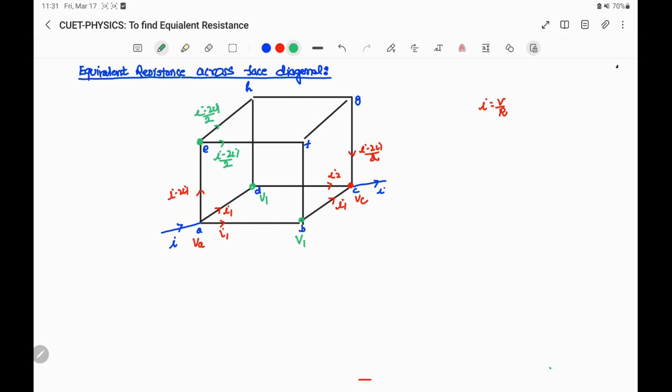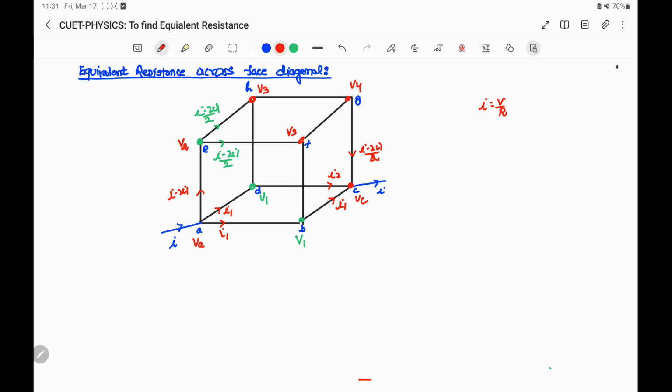So suppose the potential at this point E is V2. So the potential difference across EH and EF will be the same. That means we can say H and F have the same potential, say V3. And this B has the potential, suppose V4.